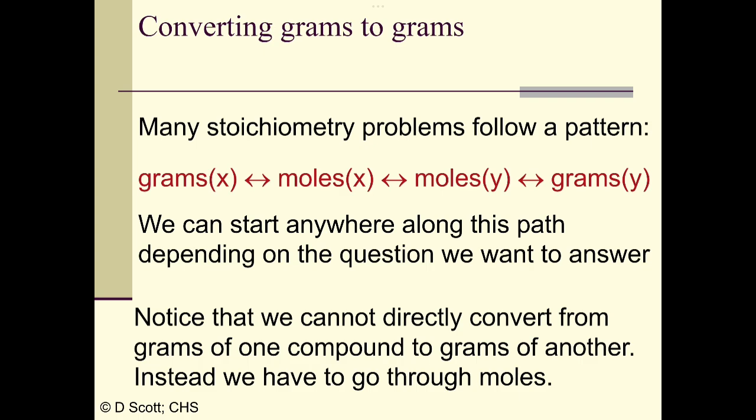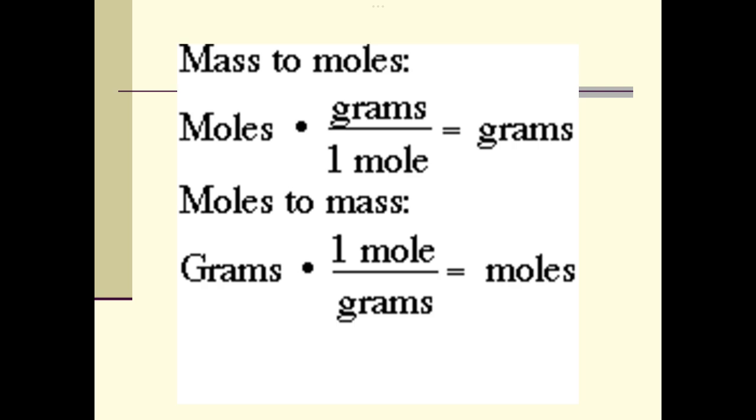Notice that we cannot directly convert from grams of one compound to grams of another. Instead, we have to go through moles. As a guide here, always remember and take note of this: we are going to convert mass to moles, and from moles to mass, we cancel out the grams, and this will give you the value for the unit of moles.